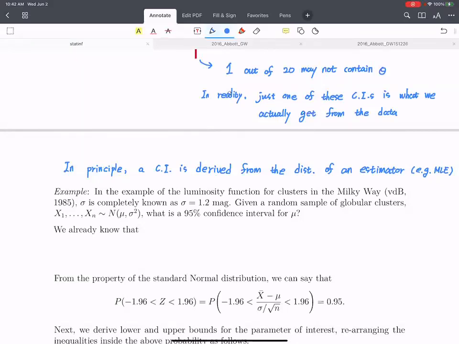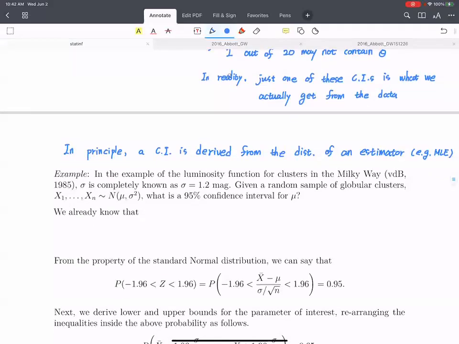In this case, what is a 95% confidence interval for mu? We already know that the MLE for mu in the Gaussian population is the sample mean.